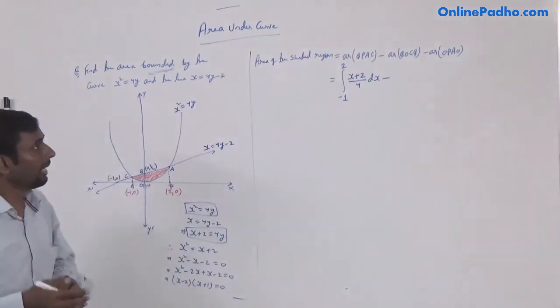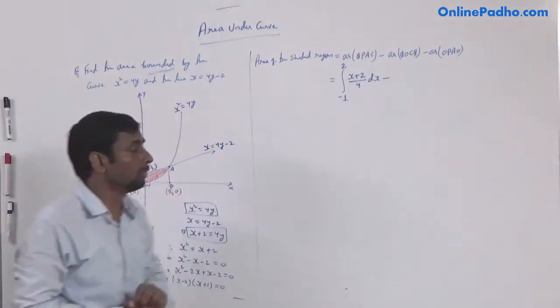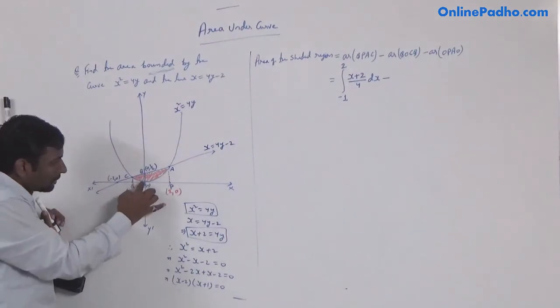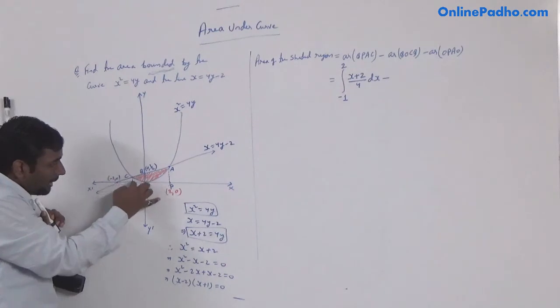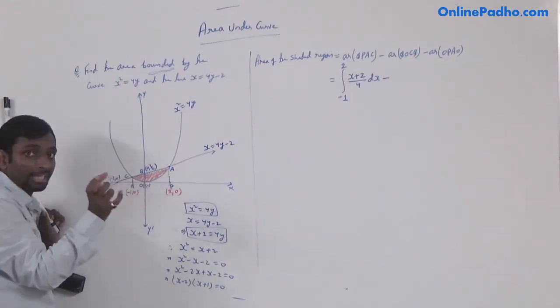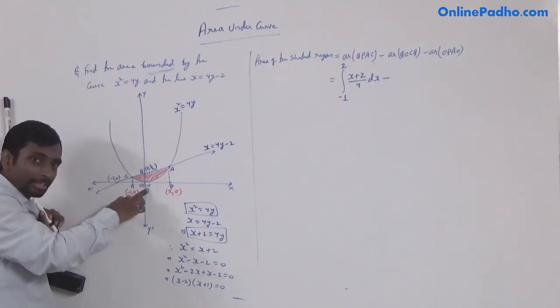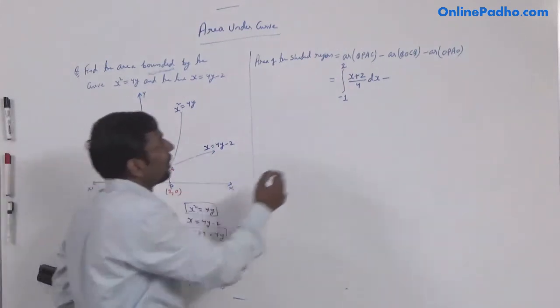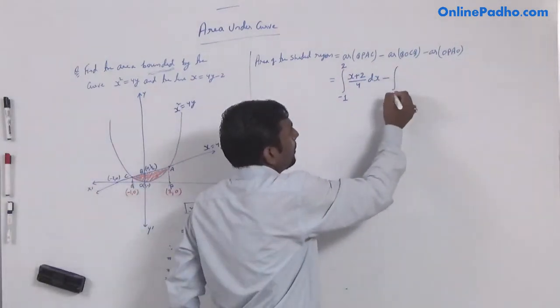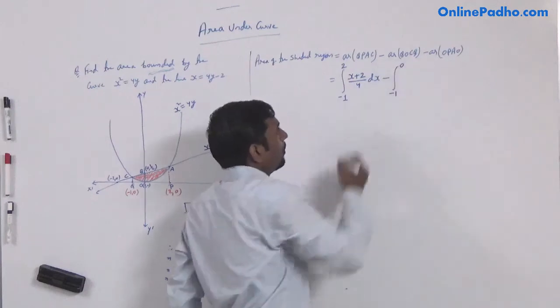Now how can we find the area of QOCQ? Now we have QOCQ, a very small part. And in the area of QOCQ, what are the lower and the upper limit on the x-axis? They are minus 1 and 0. So in this integration, we can put minus 1 to 0 here.